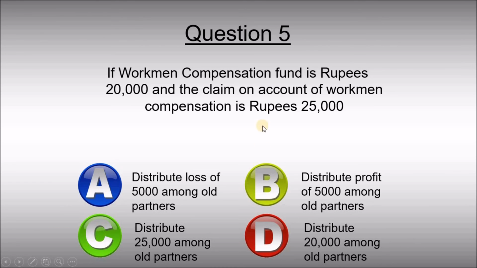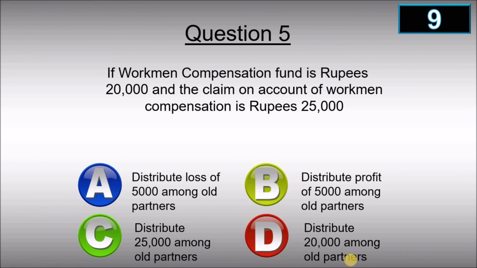If workman compensation fund is rupees 20,000 and the claim on account of workman compensation is 25,000, what will we do in this case? A, distribute loss of 5,000 among old partners, B, distribute profit of 5,000 among old partners, C, distribute 25,000 among old partners, D, distribute 20,000 among old partners.